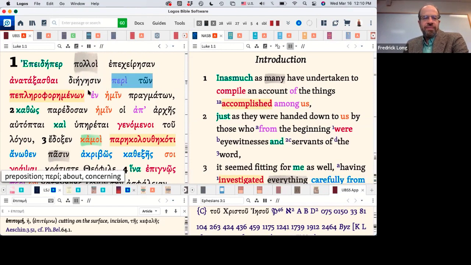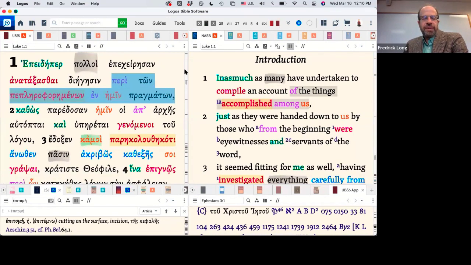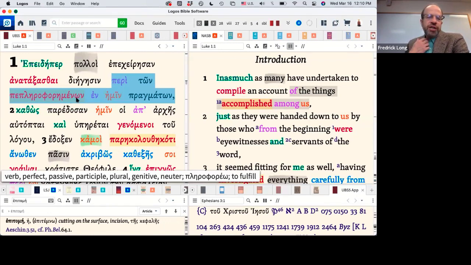Concerning, and then a participle, a perfect middle passive participle, neuter genitive plural, going with pragmatōn, which is from pragma.